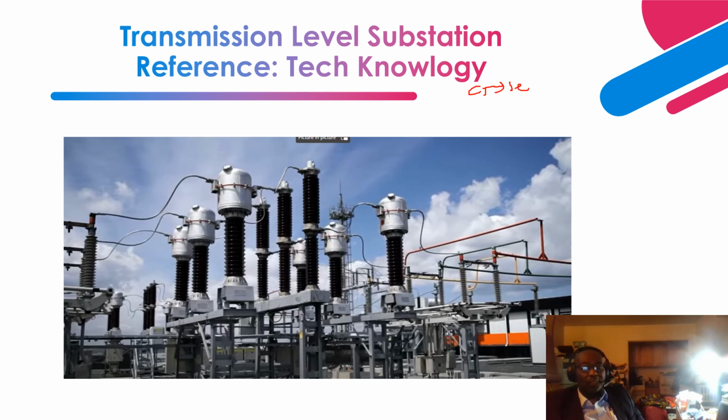If you see a series arrangement, that tells you it's a CT. If it is a shunt arrangement, connected like this, then it is a VT. CTs are connected in series with a bus.